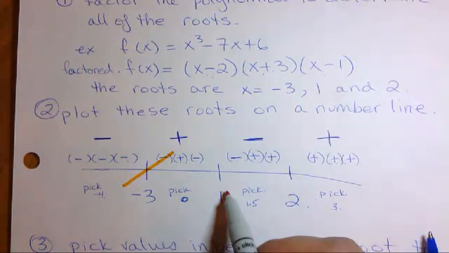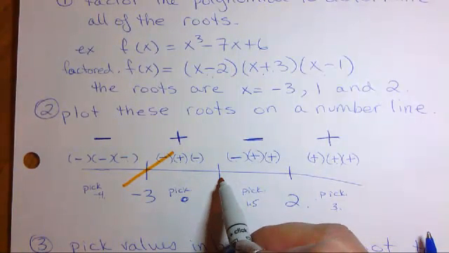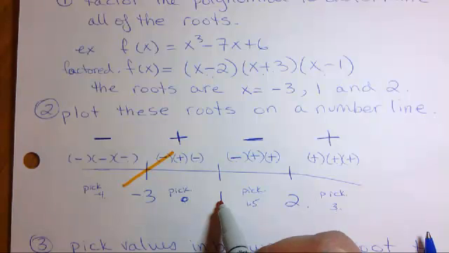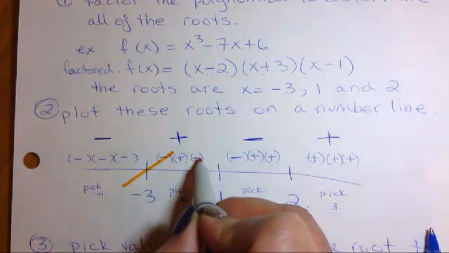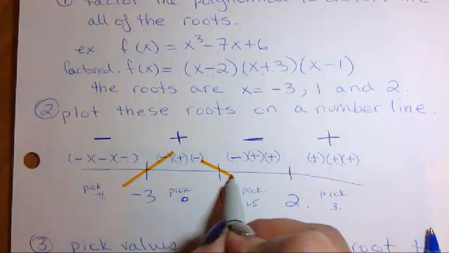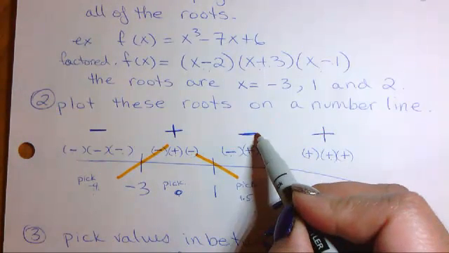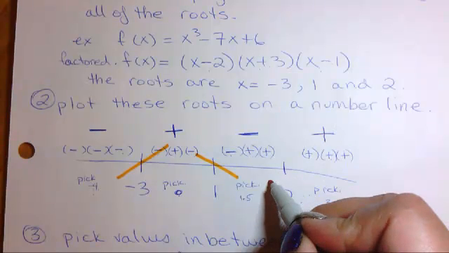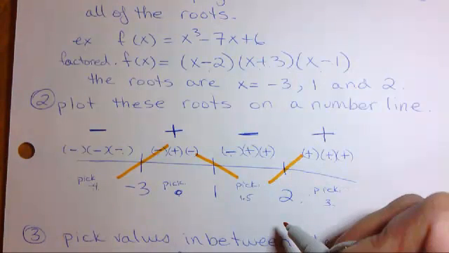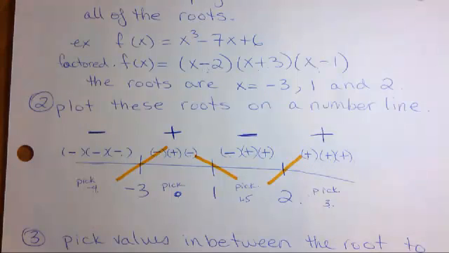When it goes through the x equals 1 root, it's going to go from positive towards negative, so it's going to end up crossing like that. And here, from negative to positive through the 2, it's going to go up like that. So that gives us an idea of how it's going to look when it crosses each of those roots.